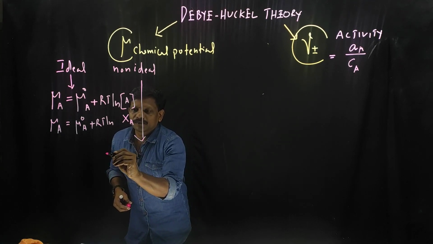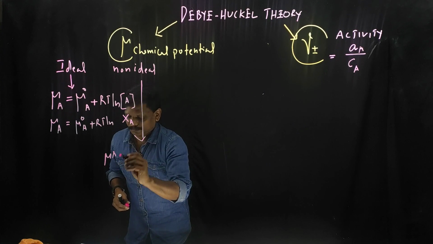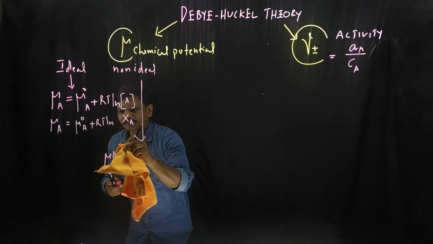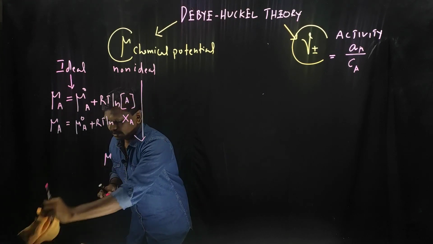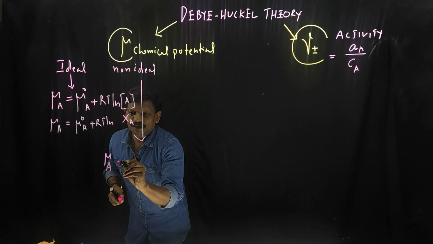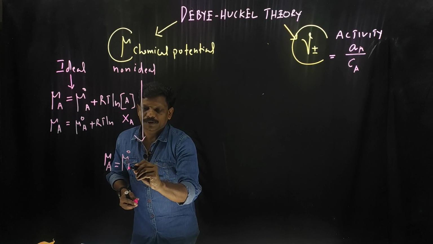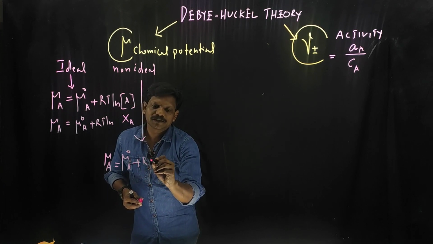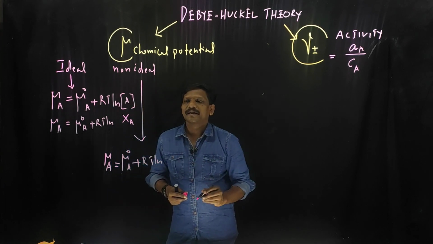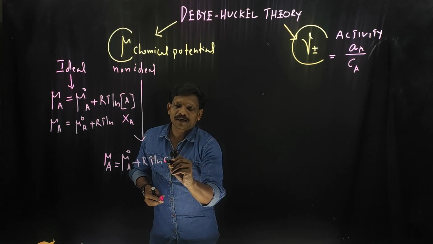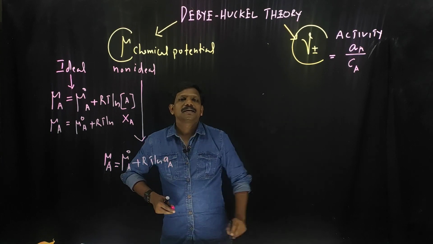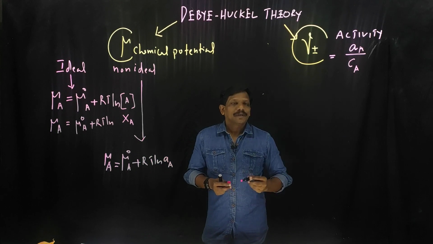In the case of the non-ideal situation, mu A is equal to mu 0 A plus RT ln aA, where aA is the activity.